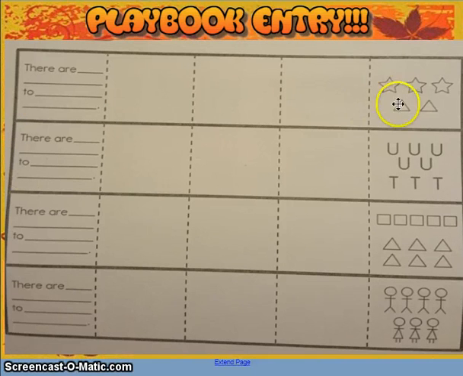So here I look at it and I have 3 stars to 2 triangles. So over here, I would write 3 stars to 2 triangles.